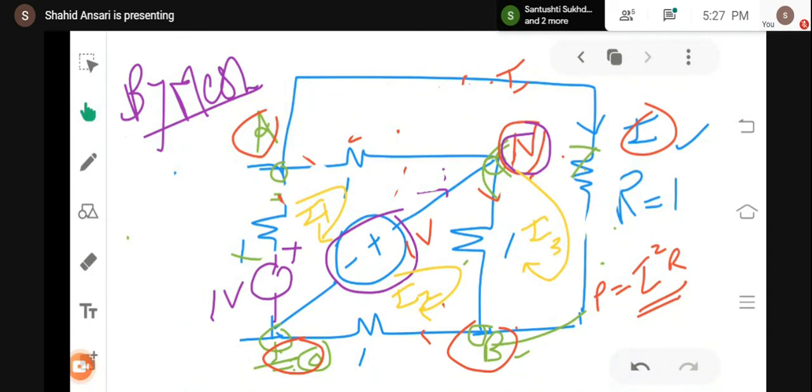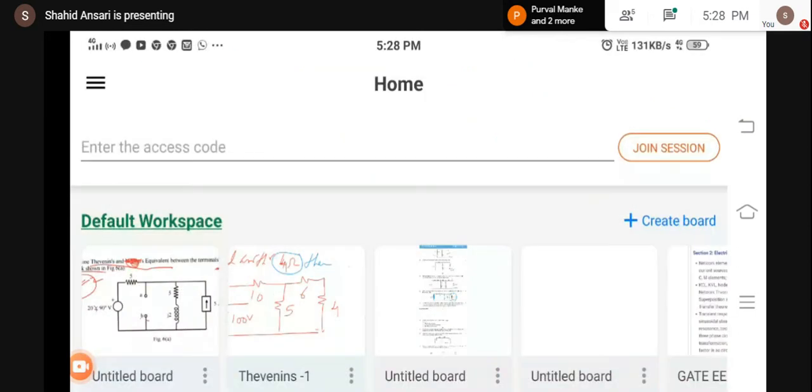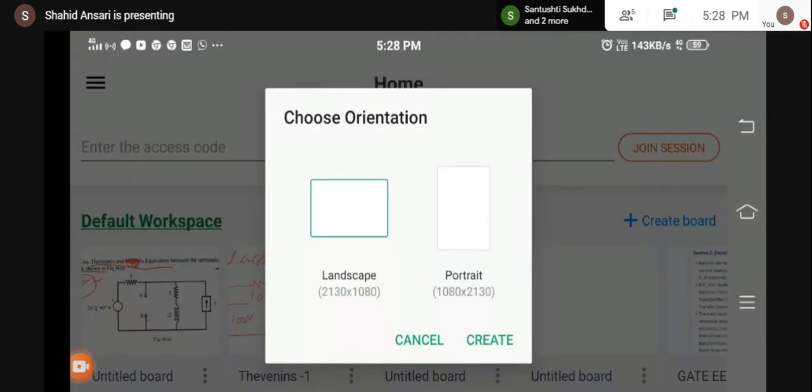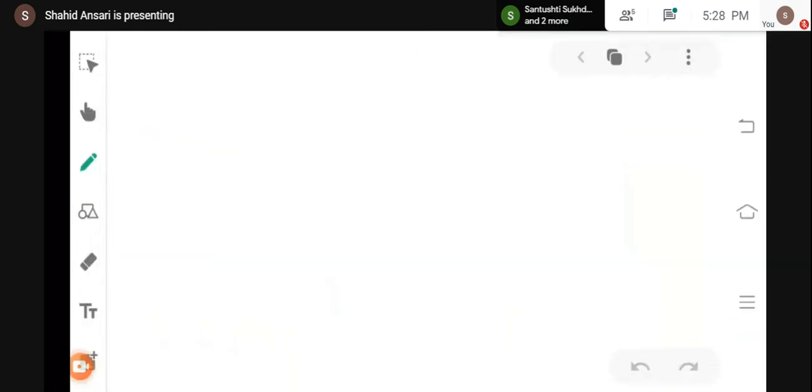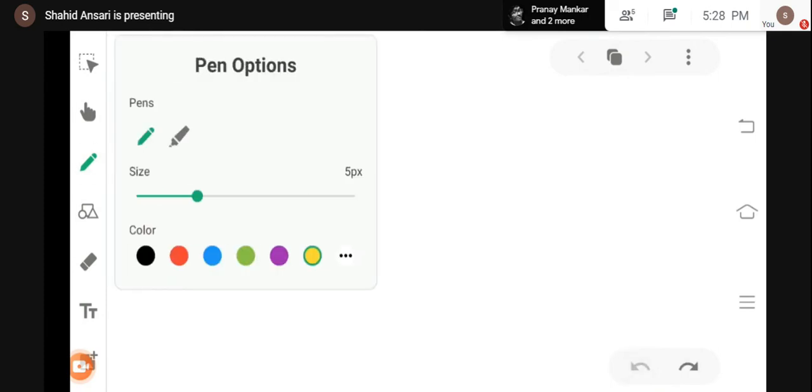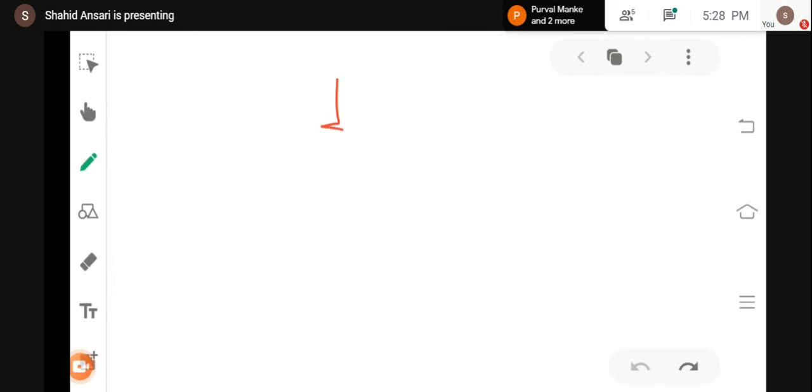Let's see another. You will receive this PDF. Let's have a general image. Shall I send some sample node analysis numericals for practice purposes in the group?